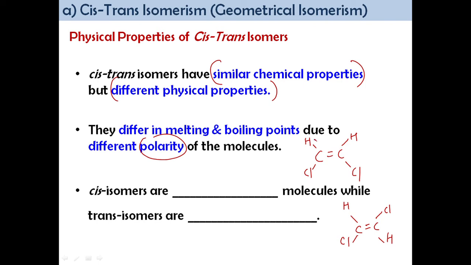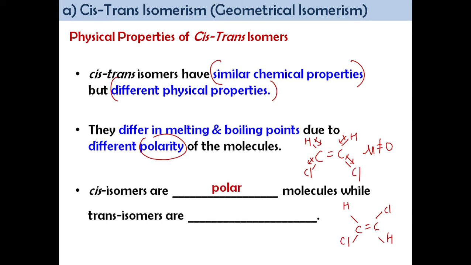So, hydrogen dia akan masuk tau. Okay, jadi chlorine dia akan keluar. So, ini tidak boleh cancel each other. So, bila tak boleh cancel each other, dipole moment is not equals to 0. Jadi cis isomer adalah polar.